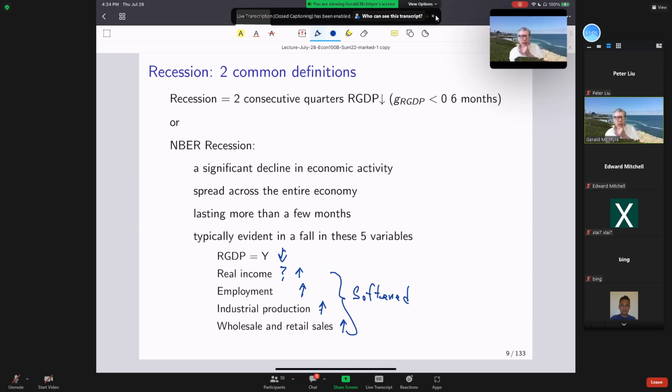All right, so this is a mixed signal. If we're using the 2 consecutive quarters definition, then the U.S. economy would be in recession. If we use the NBER definition, the U.S. economy would not yet be in recession, because though GDP fell, these other indicators are softening, but they're not yet falling.